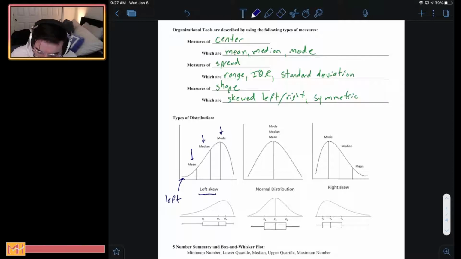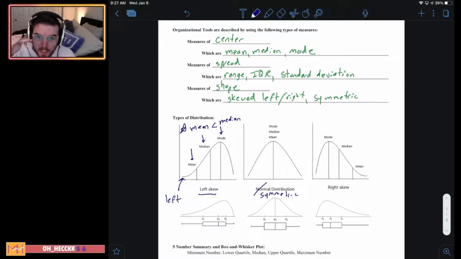But what about mathematically in the numbers? Well, in a left skewed distribution, the mean, generally speaking, is always going to be less than the median. That's going to be important. This right here says normal, or you might call it symmetric. The hump is right smack dab in the middle.